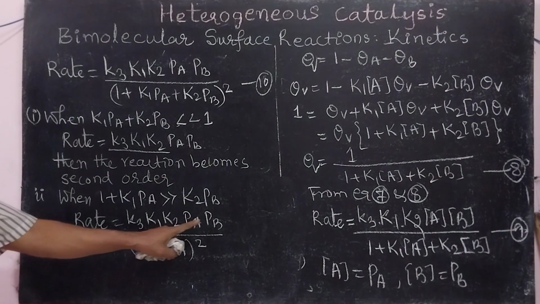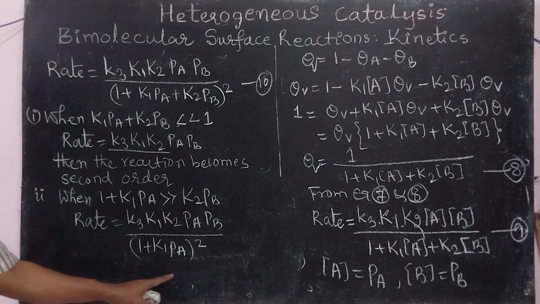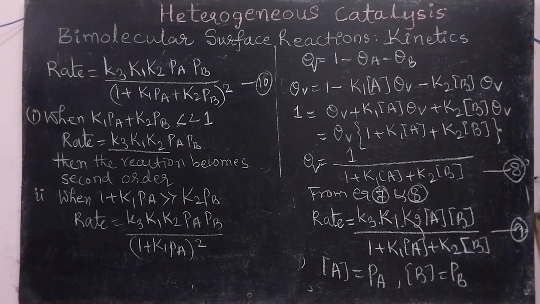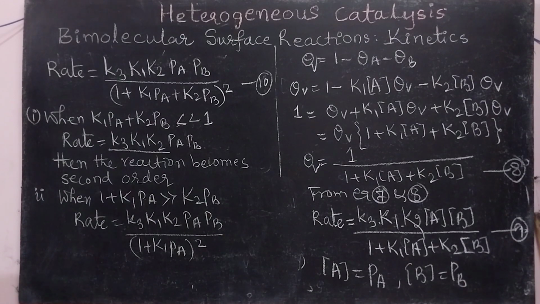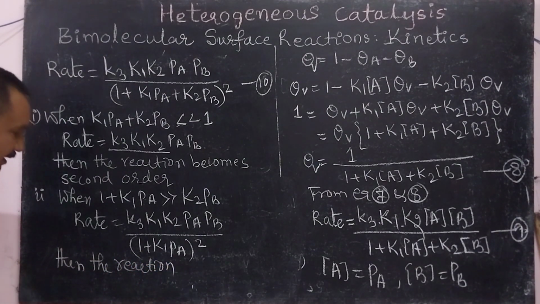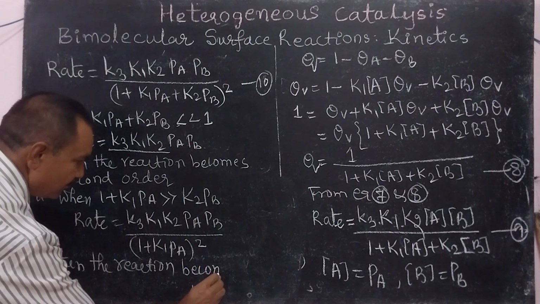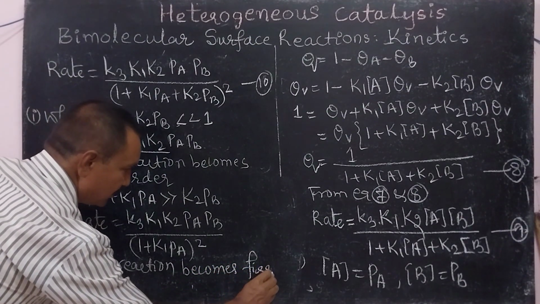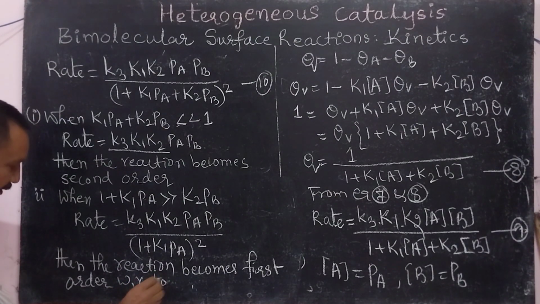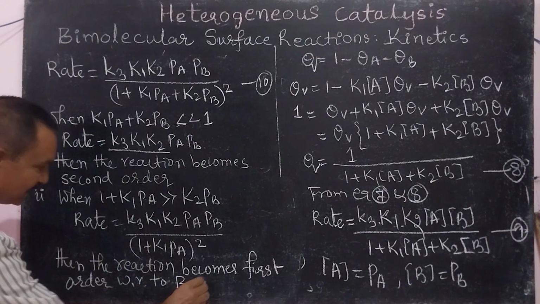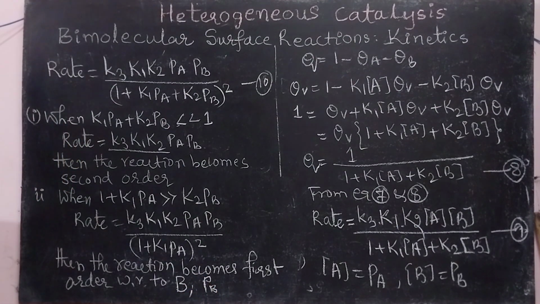Thus the reaction is first order with respect to B, whereas it is fractional order with respect to A, that is, less than 1. Then the reaction becomes first order with respect to B, that is PB.